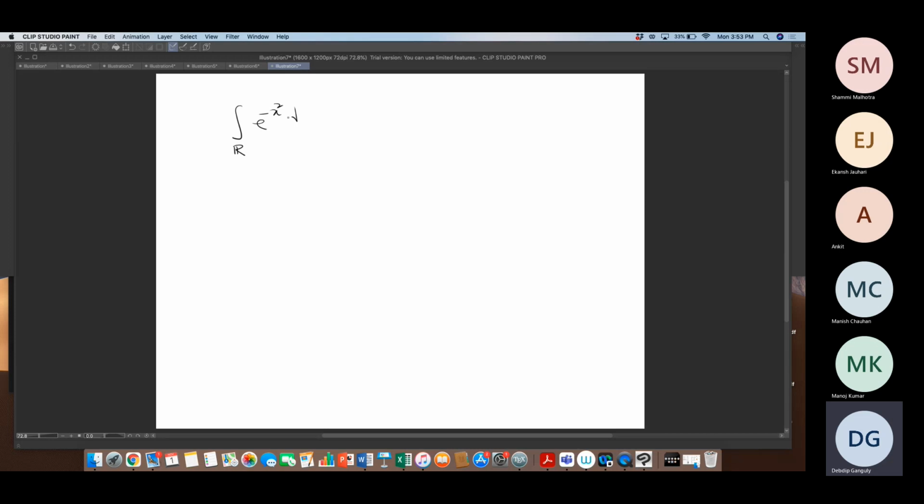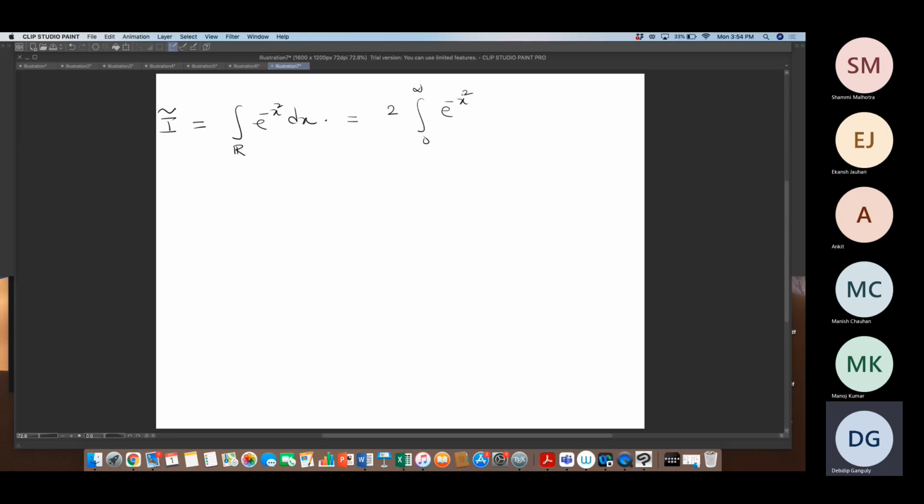Now you know how to integrate this, at least this you know, e to the power minus x square dx. You write down I tilde. This you know how to do? Yes, sir. How do you do it? We consider another I tilde. One part you can do, this is 2 times the integral from 0 to infinity of e to the power minus x square.